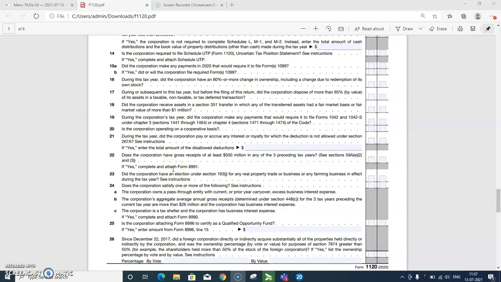Question 20: is the corporation operating on a cooperative basis? Answer the question as per the rules and regulations of the corporation.